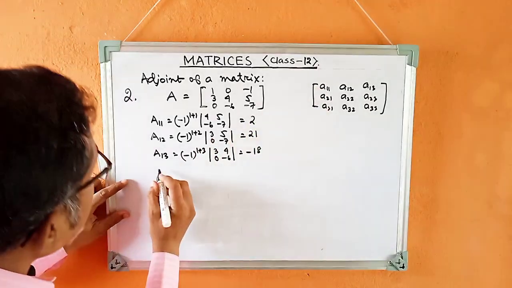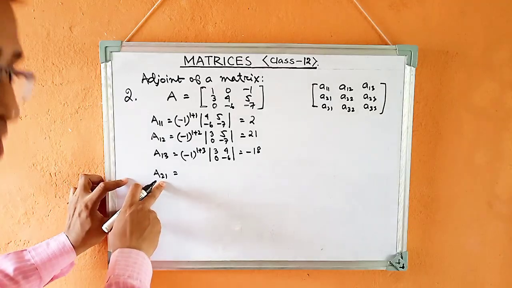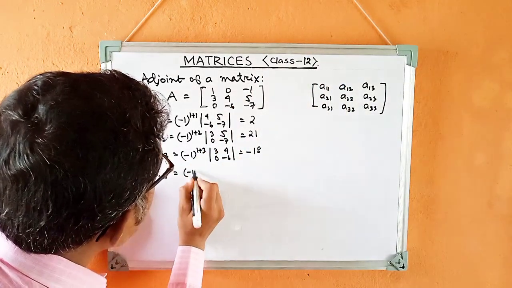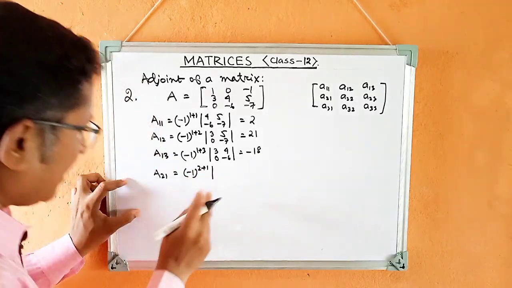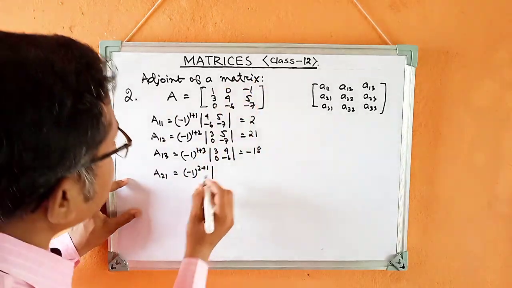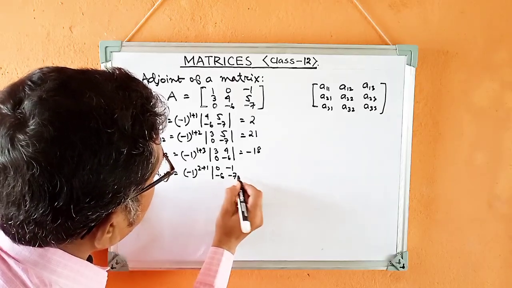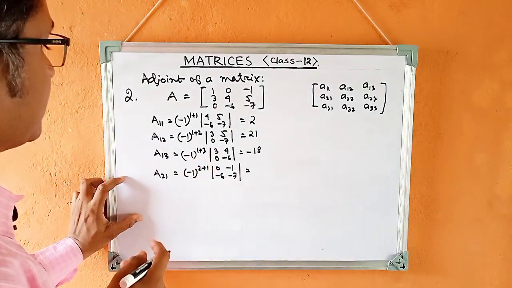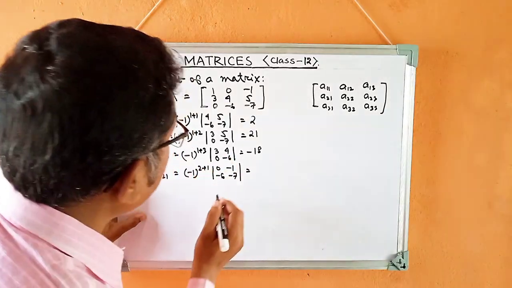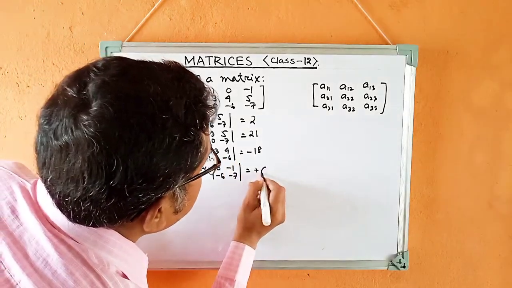Now capital A21, the identification mark of the cofactor of this element. Capital A21 equals minus 1 to the power 2 plus 1, eliminating the second row, first column. So 0, minus 1, minus 6, minus 7. Minus 1 to the power 3 is minus, and here 0 minus 6 gives minus 6 with the minus sign, that is plus 6.